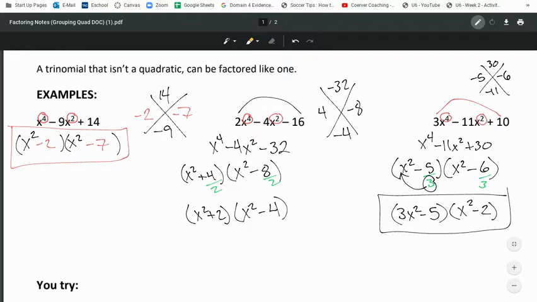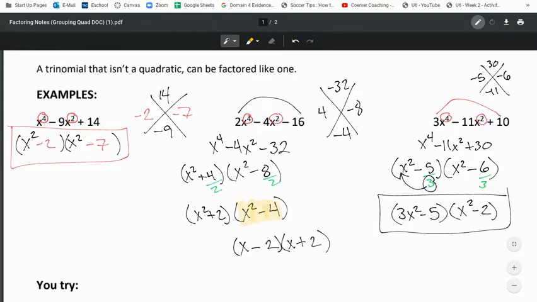Okay, most of you guys will think that I am done, but this needs to be simplified more. It can be factored one more time. Okay, so this is called the difference of two squares. So the difference of two squares, if you remember, one's minus, one's plus, and they have the exact same values.